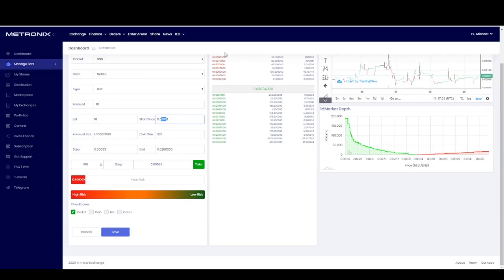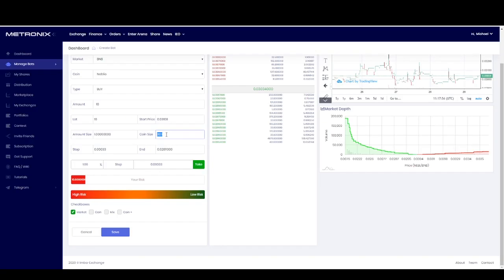Okay, create. Then you can see the coin size, and here it is very important: the coin size has to be more than 200 if the step is 1%, because here it was 321.